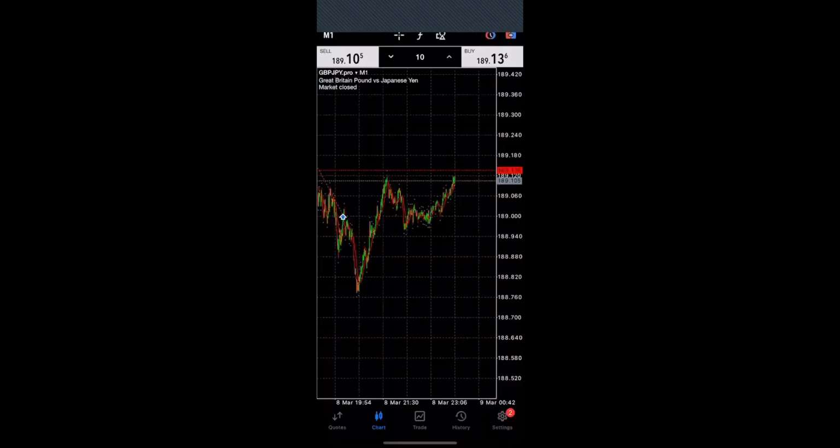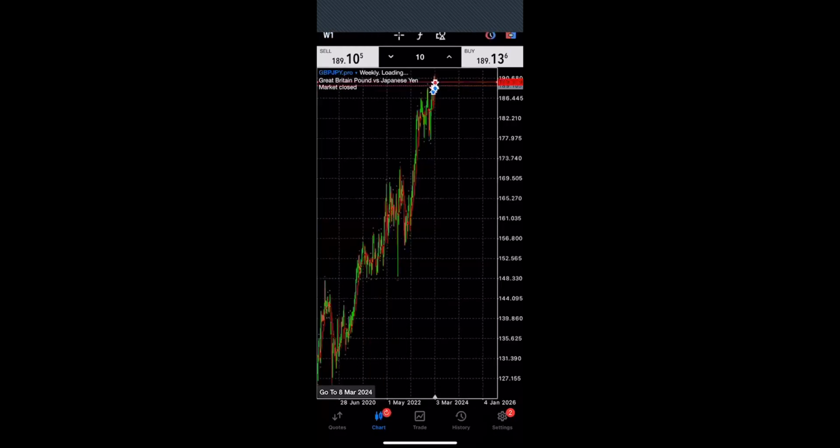Here's my chart at the top. You have the M1, that's the 1 minute, the M5, 5 minutes, the M15, 15 minutes, the M30, 30 minutes, the H1, 1 hour, H4, 4 hours, the D1, the daily, and the W1 is the weekly.